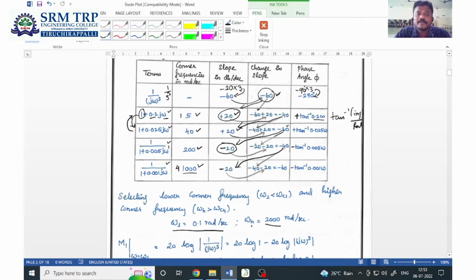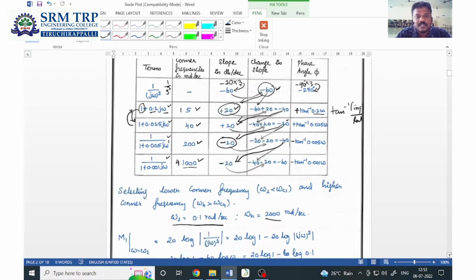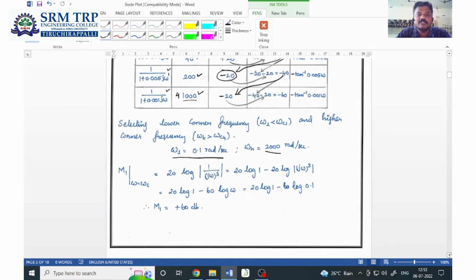So after selecting the lower and upper corner frequencies, next we will calculate the magnitude. For the first two magnitudes, the formula always carries 20 log modulus of term 1. The term 1 is the term that is present in the table.